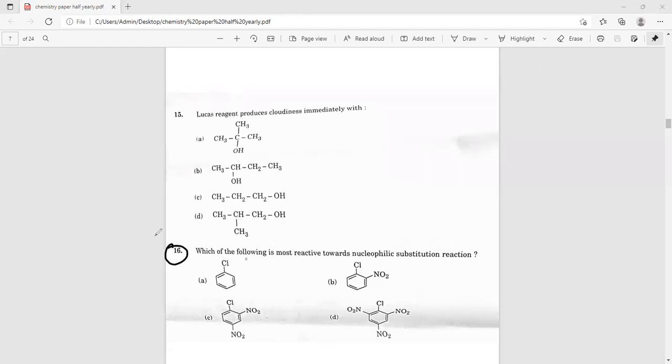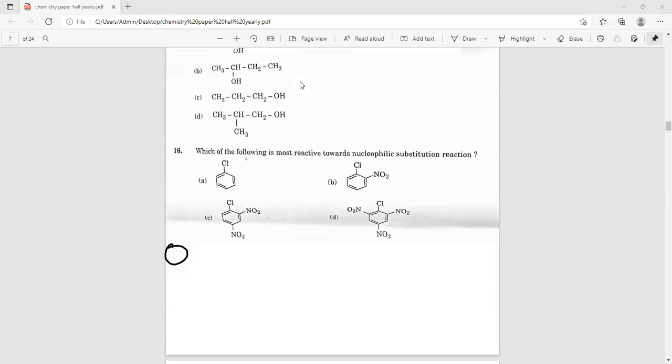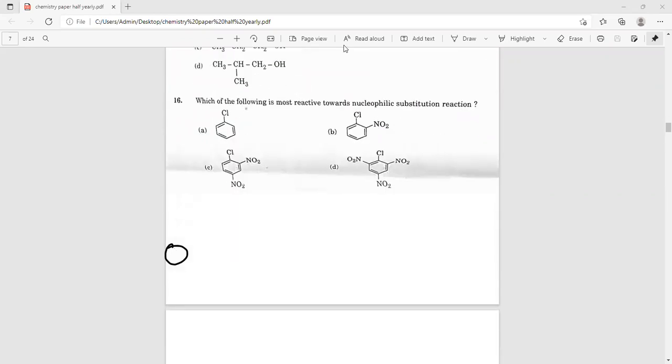Question number 16. Which of the following is most reactive towards nucleophilic substitution reaction? Nucleophilic means Cl is displaced from here.